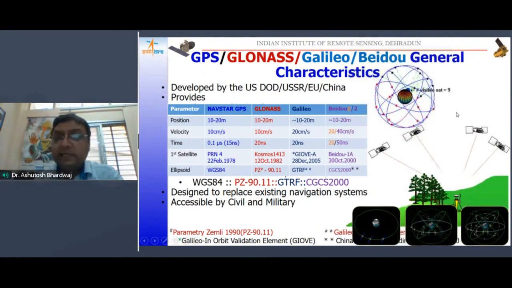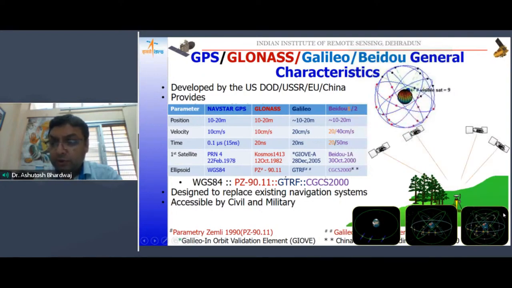Now, as I've told you, this is the NAVSTAR GPS system, wherein 6 orbits are used at an average altitude of 20,200 kilometer. The Chinese system is a little complex, where we have satellites in geostationary orbit, in geosynchronous orbit, as well as medium Earth orbits.